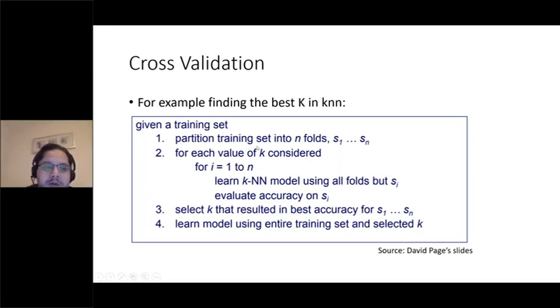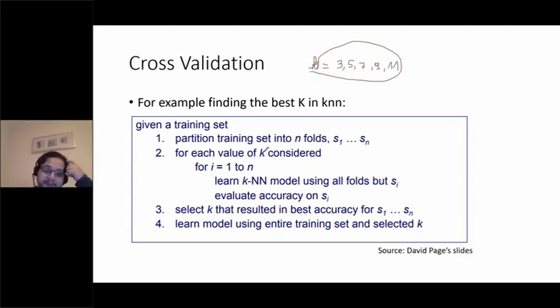So we partition the training data into folds. If n equals 10, then we divide things into 10 partitions. And we have some values of K. We take K equals 3, 5, 7, 9, and 11. So we took 5 possible values.